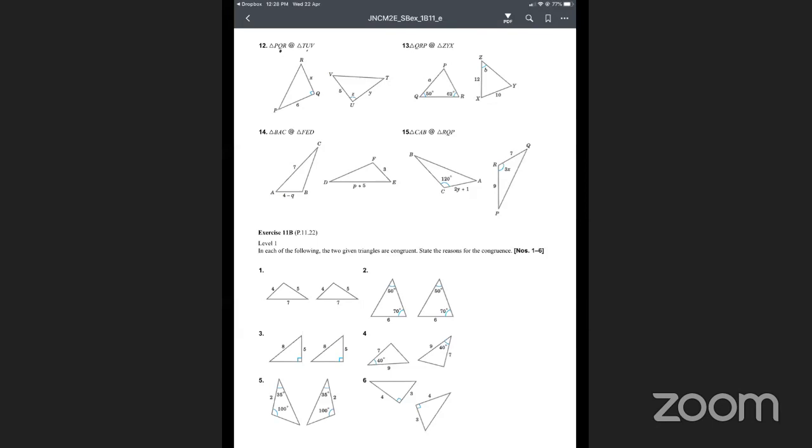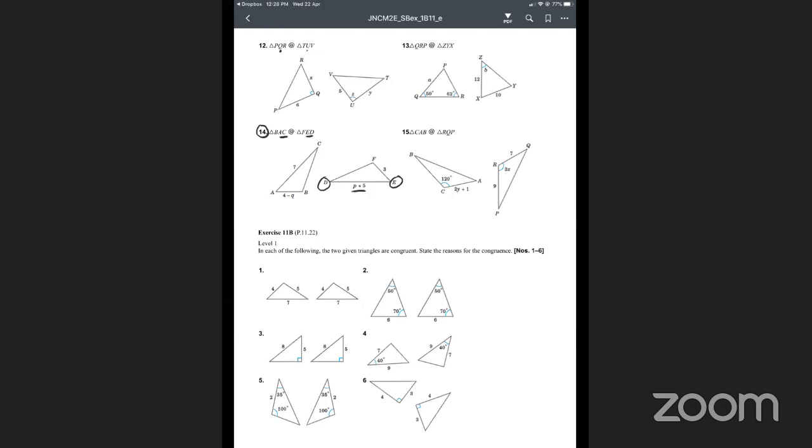Now, look at 14 now, and then look what we need to find. I think maybe we find P first. P, this one is talking about DE. DE equals AC.